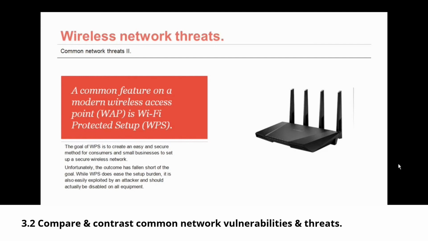While WPS does ease the setup burden, it is also easily exploited by an attacker and should actually be disabled on all equipment. This exploit has been known for a couple of years, and you would think that equipment manufacturers would quit enabling WPS by default on their equipment, but that's not the case. So when you set it up, you need to disable WPS.